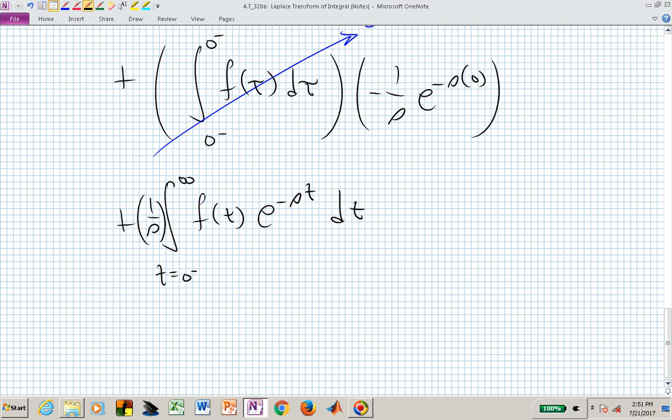I hope it's starting to look familiar that this term, not including the 1 over s factor, but the term that I've bracketed, is just the traditional Laplace transform of this arbitrary function f of t.